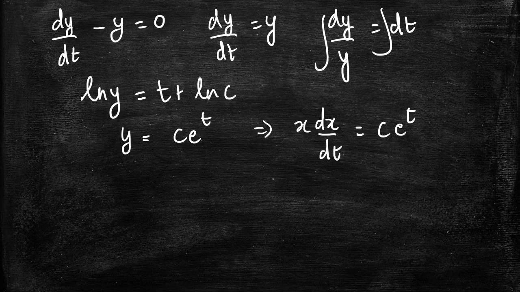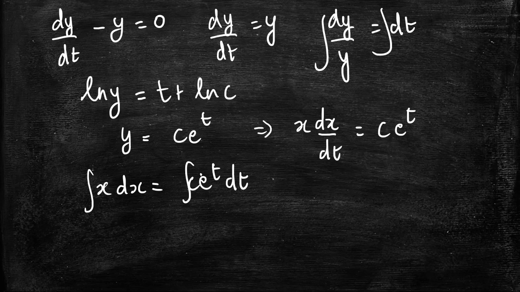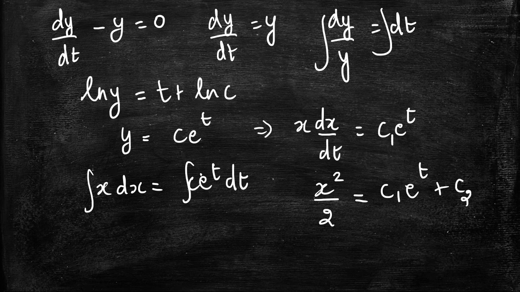So again integrating, we'll be getting x square by 2 is equal to c1 e power t plus c2. I'm assuming this to be c1.